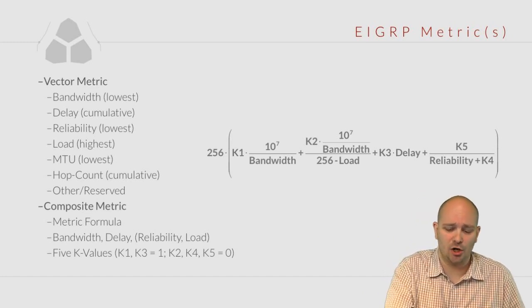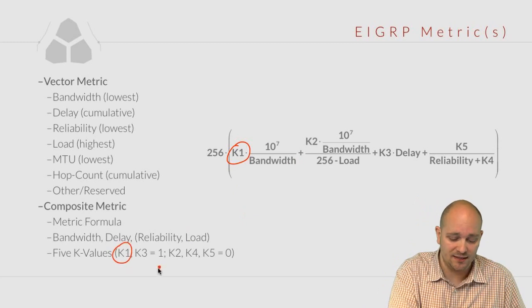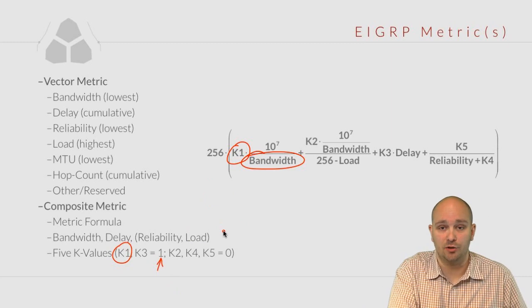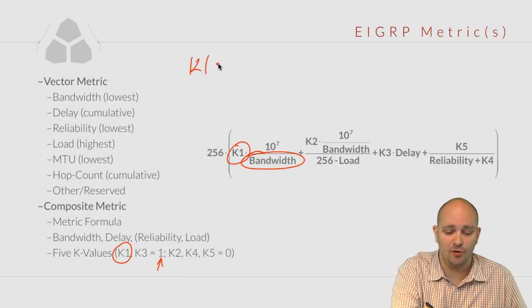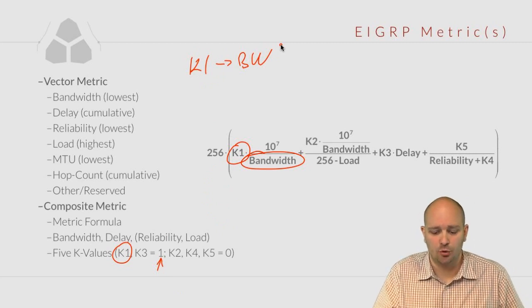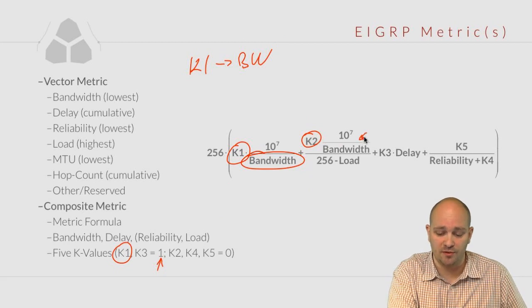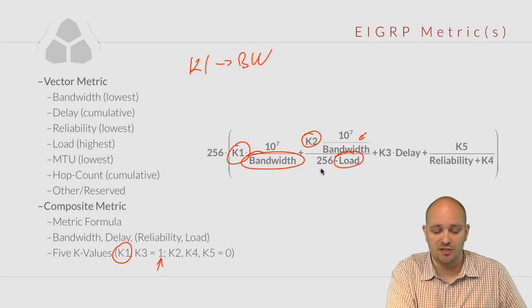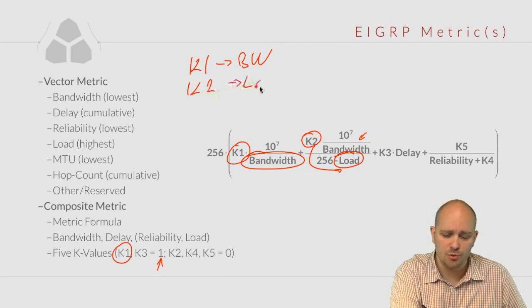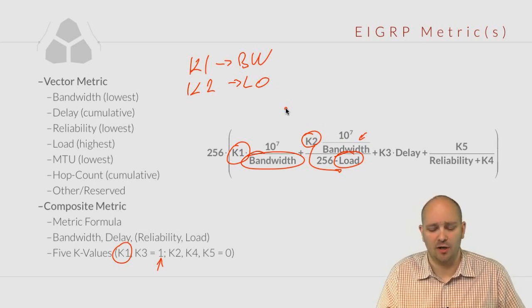The important bits here are that there is a certain K value number 1, and we can see that the default is to have it a non-zero value that is related to bandwidth. So we can say that K value 1 controls how bandwidth will be used to calculate the metric. Then we can see K value 2, which is again used with the bandwidth, but really what figures here is load. So K value 2 is used to control how we use load information in calculating our metric.